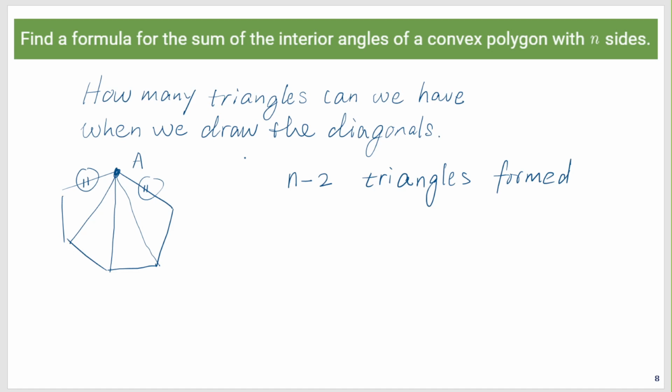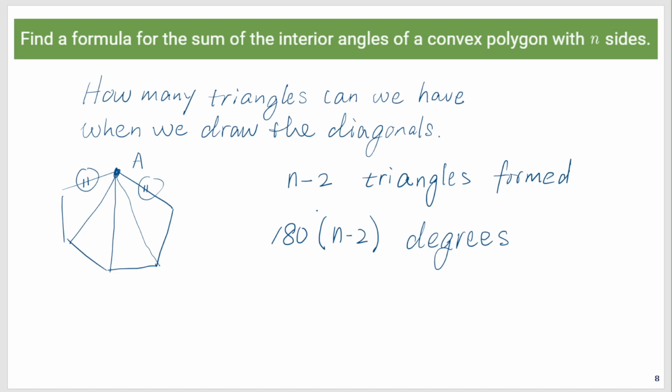And since there are 180 degrees in each triangle, the sum of the angles in an n-gon is just 180 degrees times n minus 2, right? So this is a general formula for the sum of the interior angles of a convex polygon with n sides.